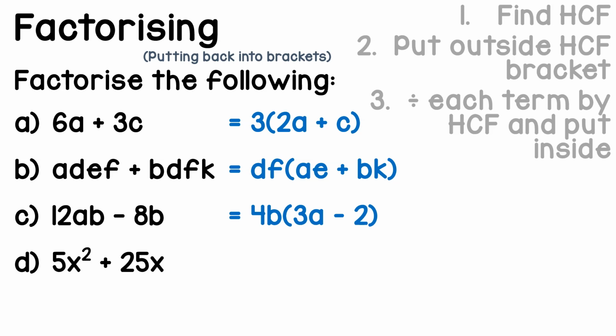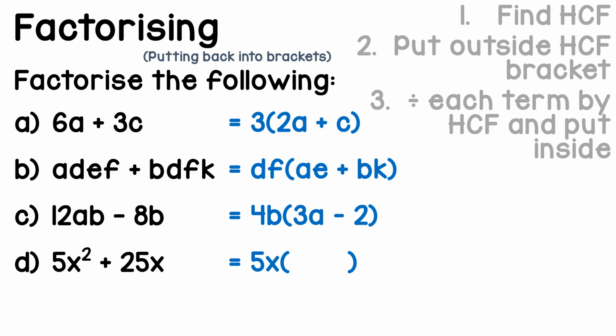This next one's a little bit different as well. Both of those can be divided by 5, but they also have an x in common. So the highest common factor is 5x. Now 5x squared divided by 5x, well 5 divided by 5 is 1, and we don't really write that in algebra.